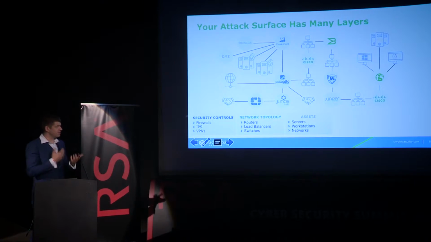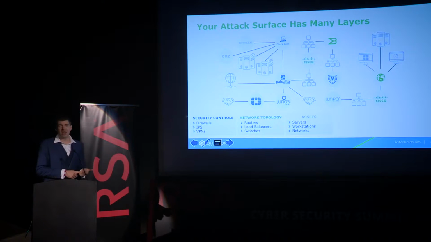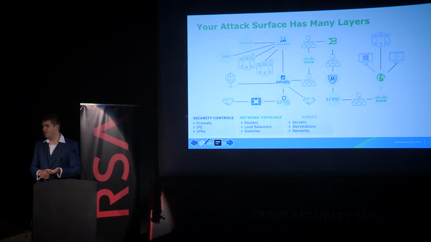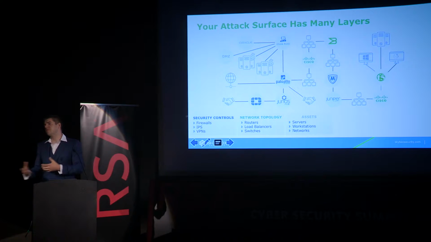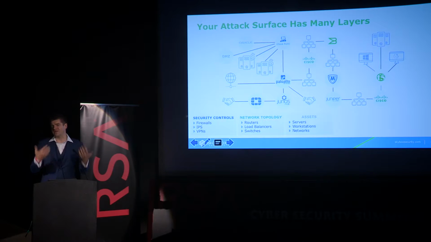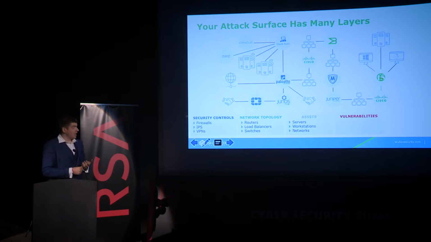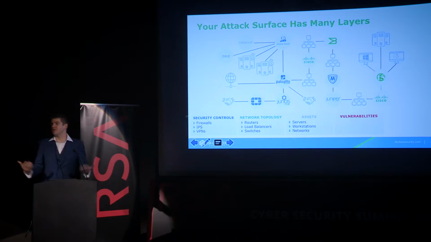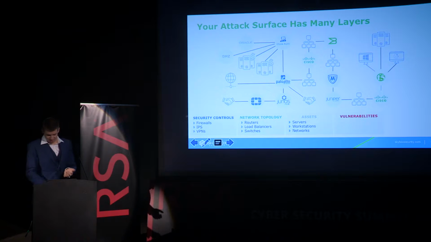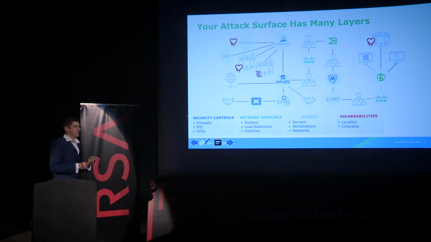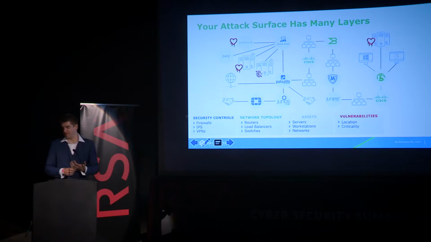Again, it might be different ones: servers, workstations, a segregated network where certain parts are used for development, where third parties or partners might have access. You have DMZ zones, etc. And there is no technology which is perfect, so every piece has its own vulnerabilities that could be very critical on some assets that you own.